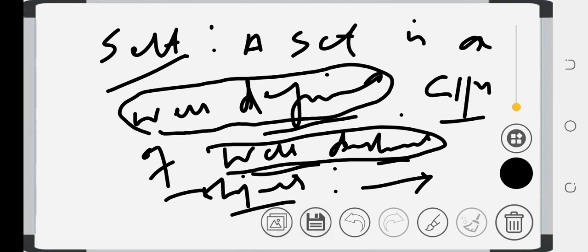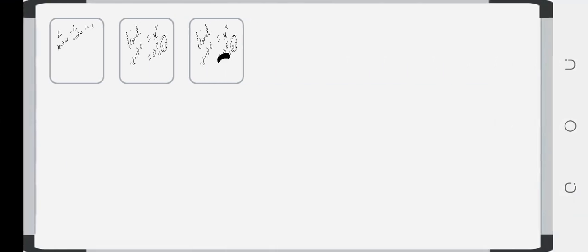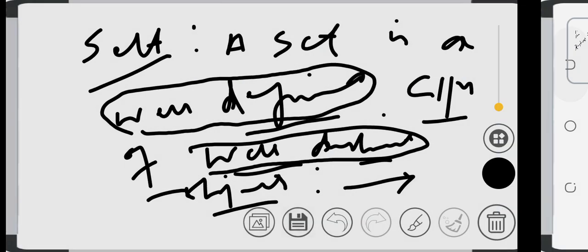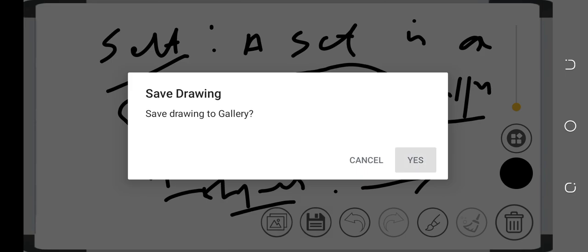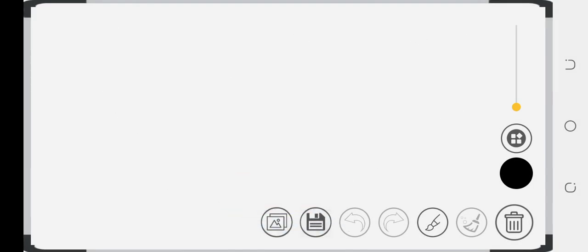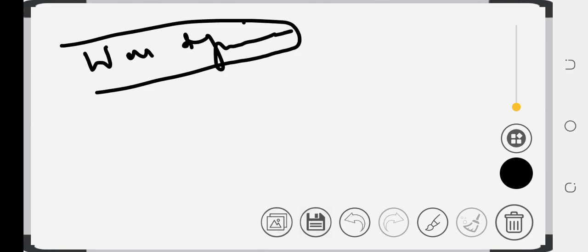Otherwise, without the meaning of these two words, this definition is not clear, right? So well defined here means well defined.